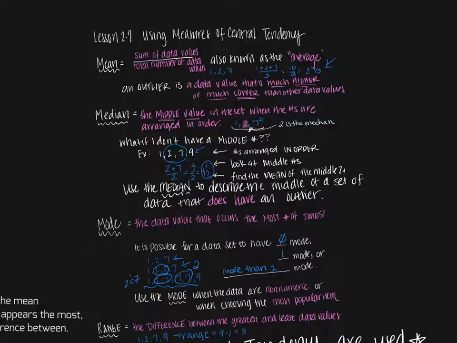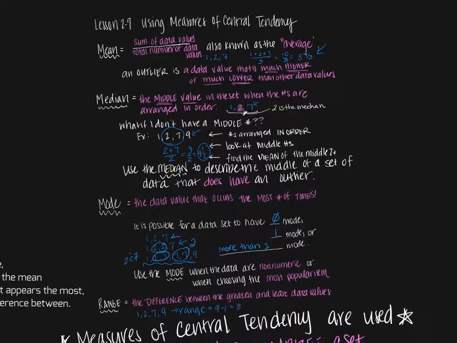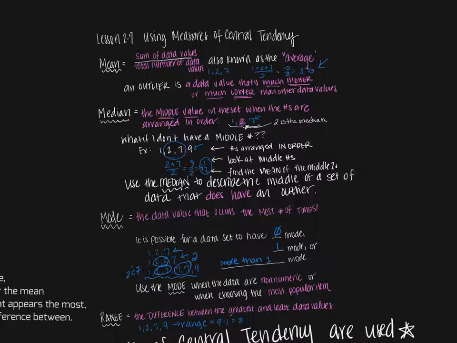Let's look at the last measure of central tendency. This is my range. Hopefully range is not going to be super difficult here as a concept. Range is simply difference, and remember that difference is what mathematical operation? Oh, right, subtraction.